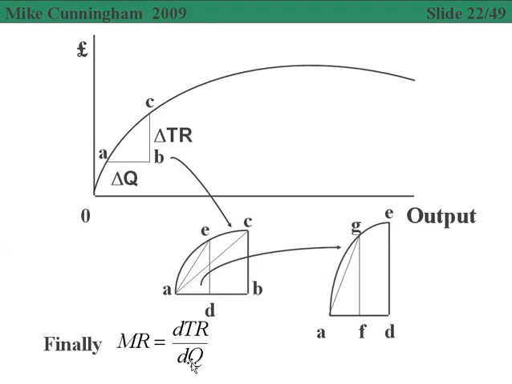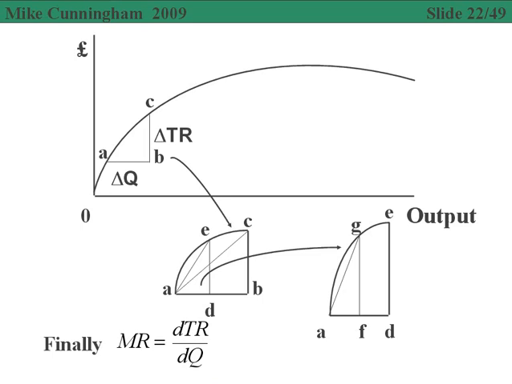So small we can't really draw it on a diagram. But yet it's real. There is a difference. It's just so small we can't represent it. And that's the essence of the calculus. So marginal revenue is the change in total revenue divided by the change in quantity. So it's DTR by DQ, as we say in mathematics. DTR by DQ.